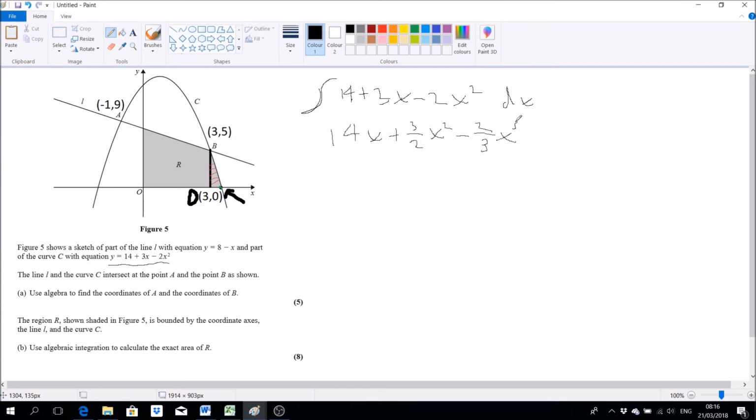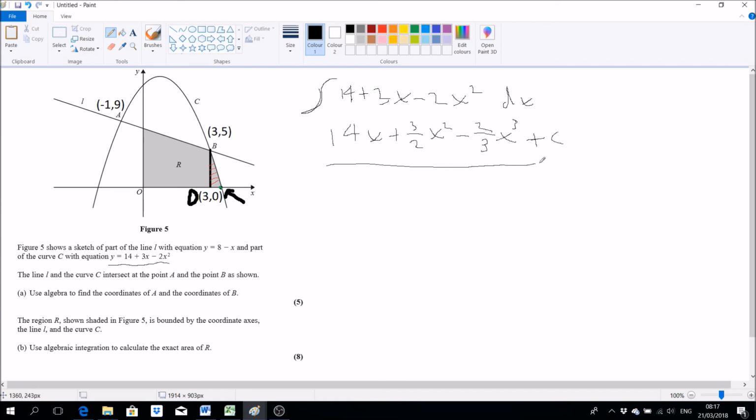And we could write plus c, but we don't have to because they're going to cancel out after we substitute in the green point and subtract the x coordinate of D. But for the sake of this video, I'm going to write plus c.